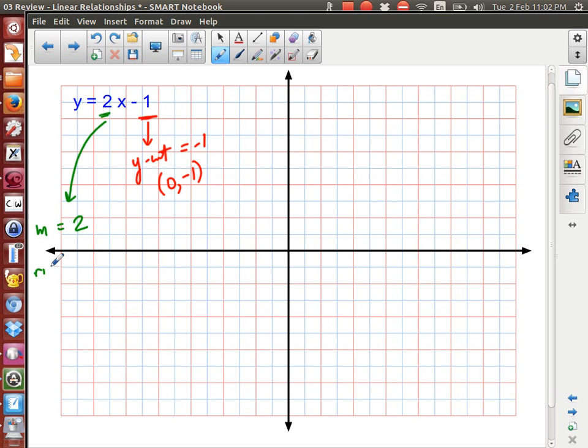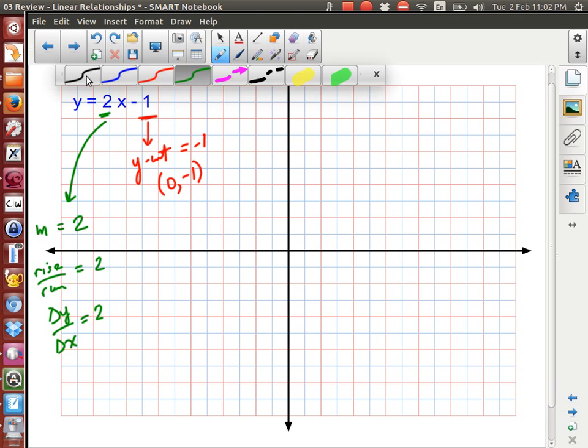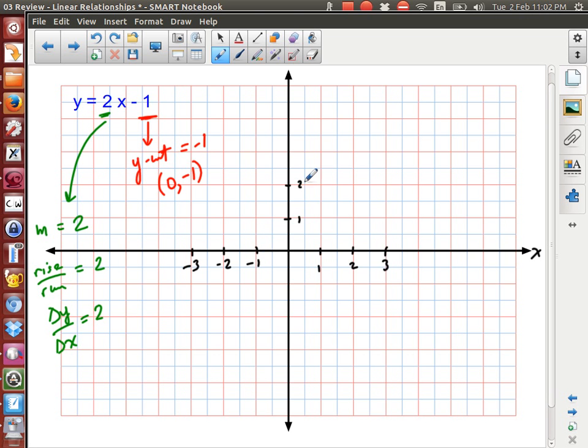But the slope is the same as saying rise over run is equal to 2, or delta y over delta x is equal to 2. All of those things are true based on that value. So once again, label my axes. I've got 1, 2, 3 on my x, negative 1, negative 2, negative 3, 1, 2, 3 on my y, negative 1, negative 2, negative 3.